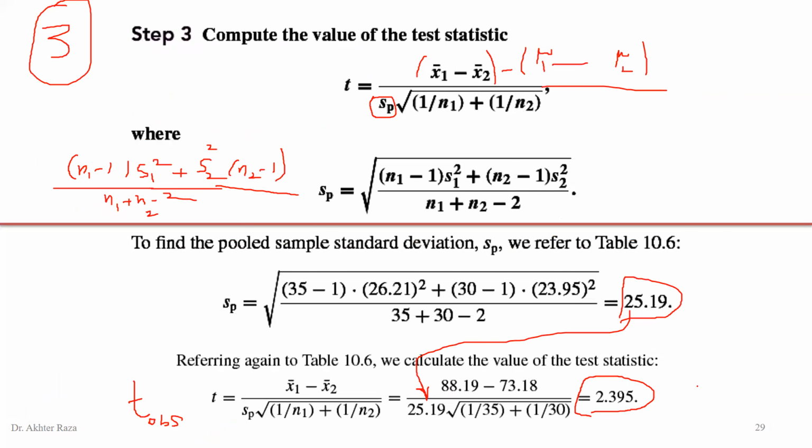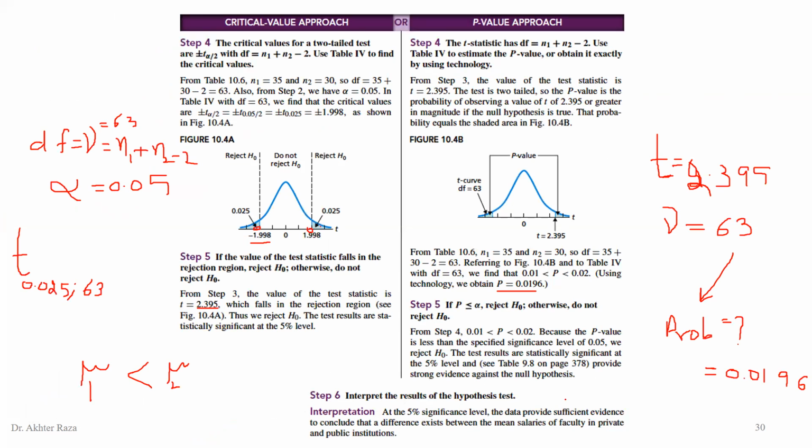So your conclusion will not be this. Your conclusion will be mean 2 is smaller than mean 1. Mean 1 is greater than mean 2.